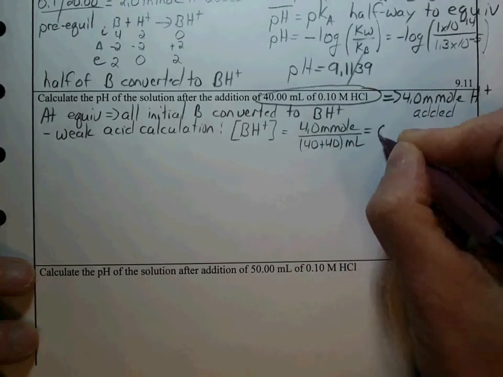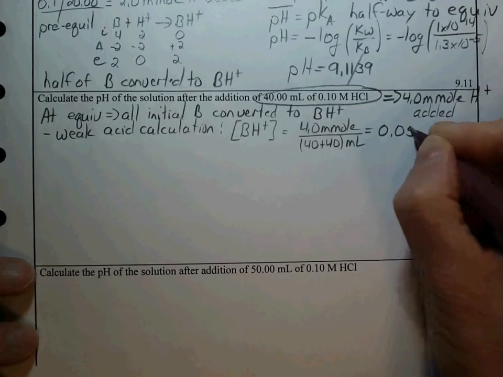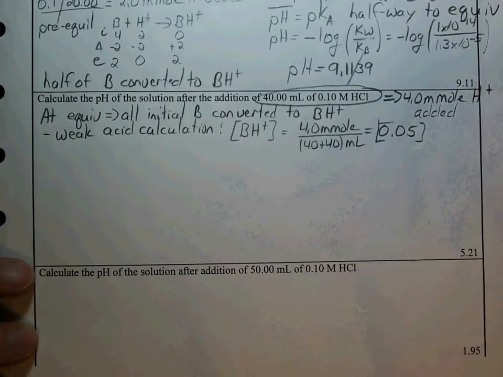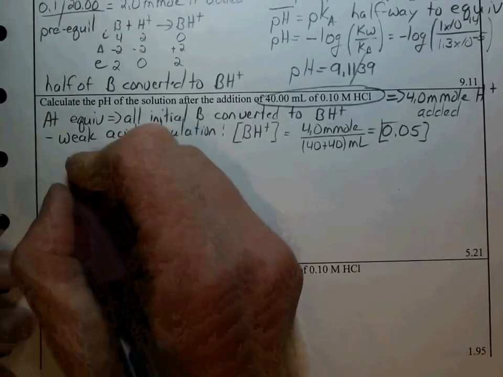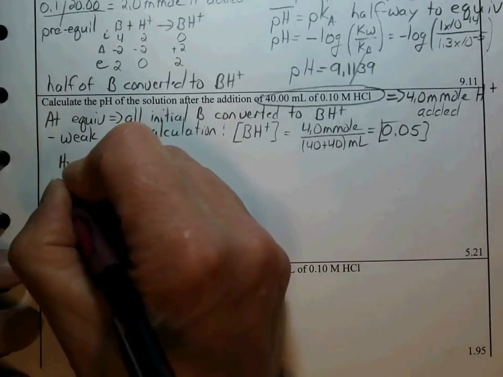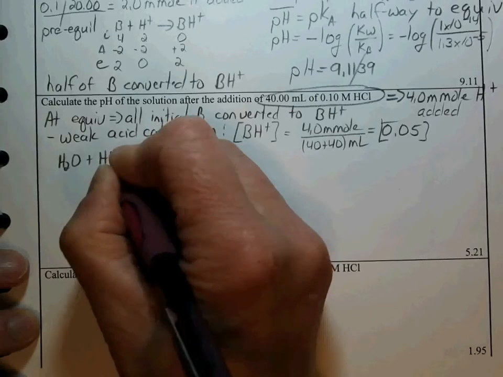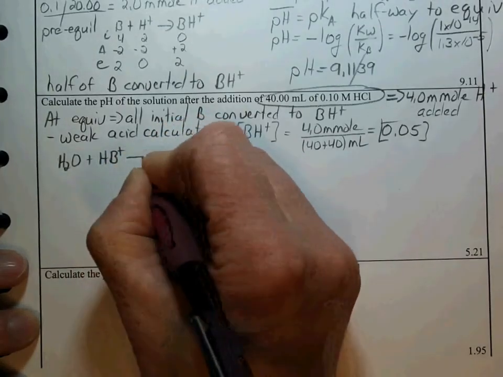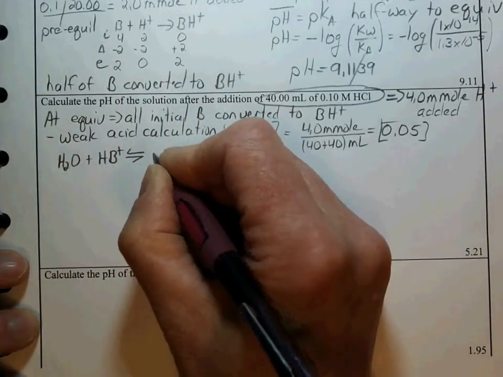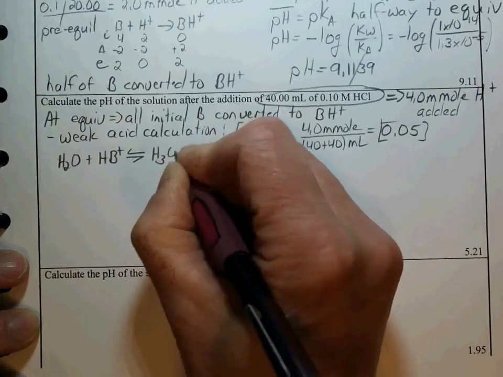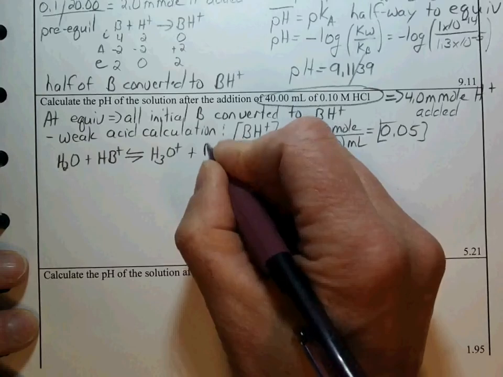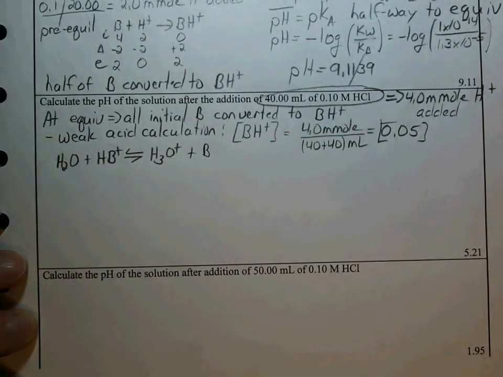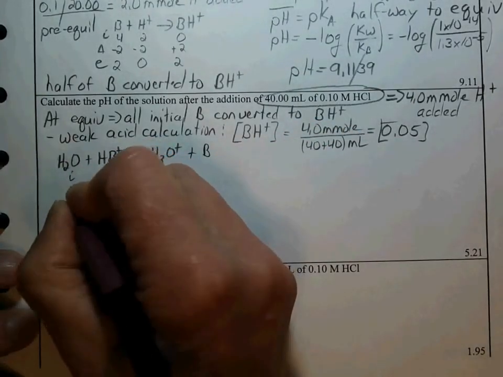So that gives us a concentration of 0.05 molar. Okay, weak acid calculation. We have water reacting with our weak acid that produces H3O plus ions in solution, and we get back some of our weak base. Ice table.